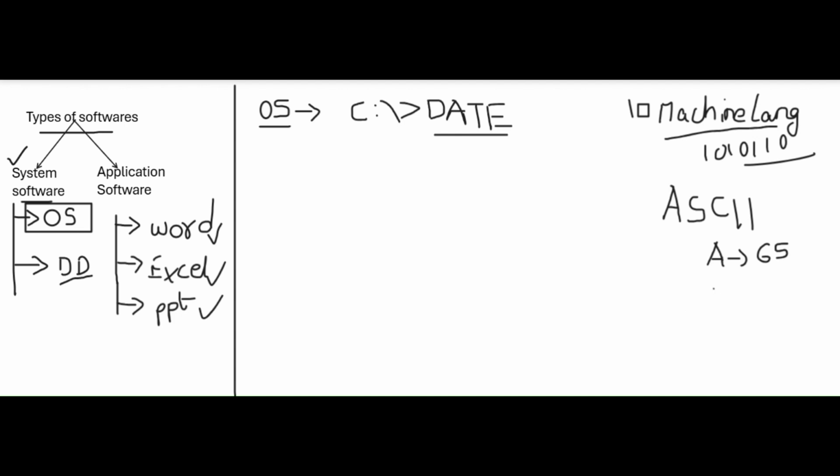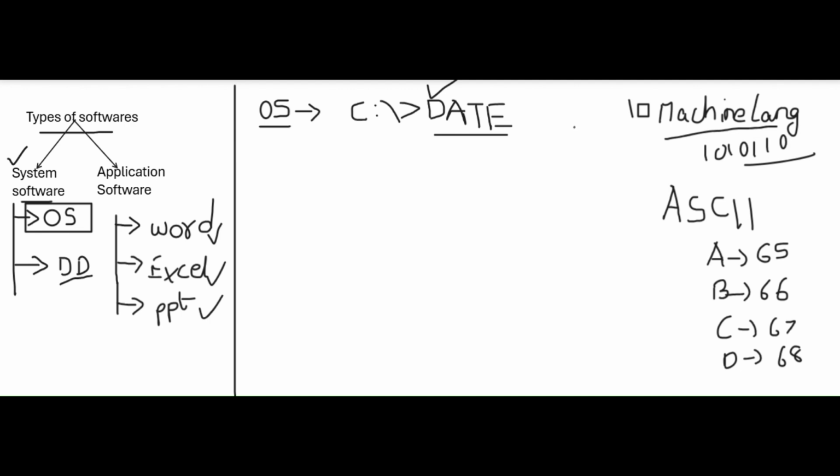It's an interesting concept. The ASCII value of B is 65 plus 1, 66. The ASCII value of C is 67. The ASCII value of D is 68. Now you know the ASCII value of D, which is 68.